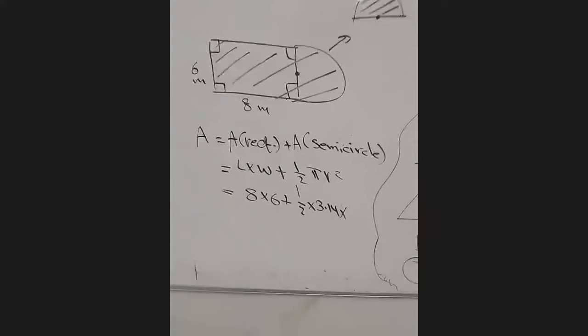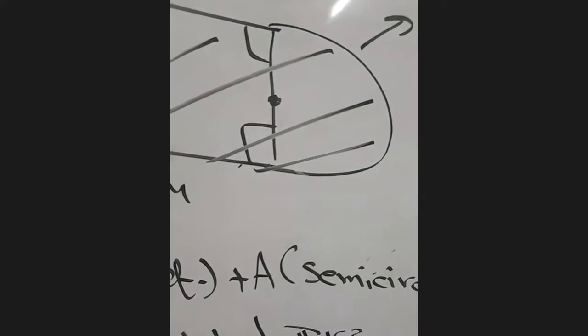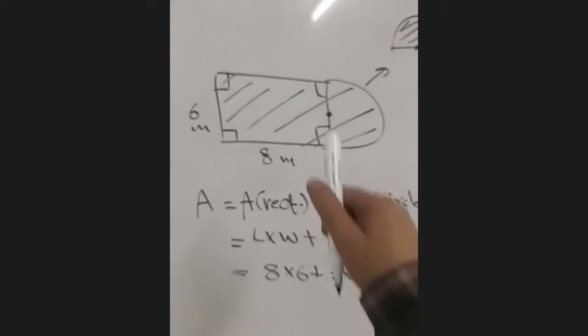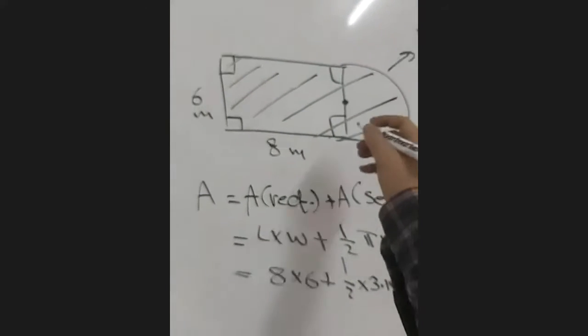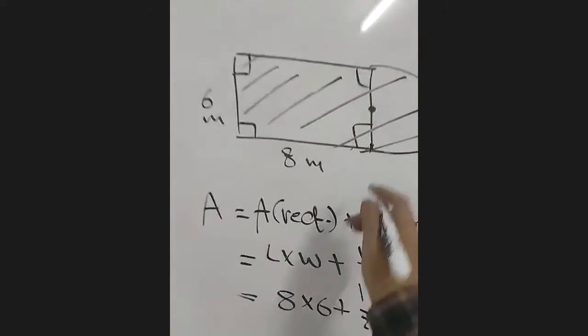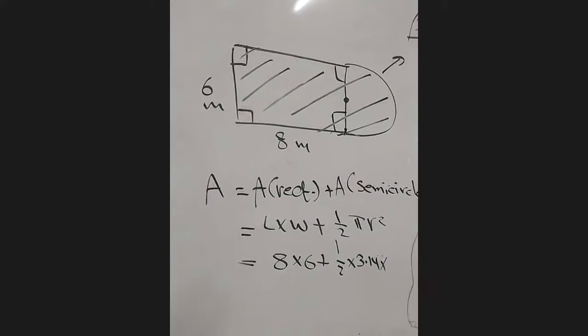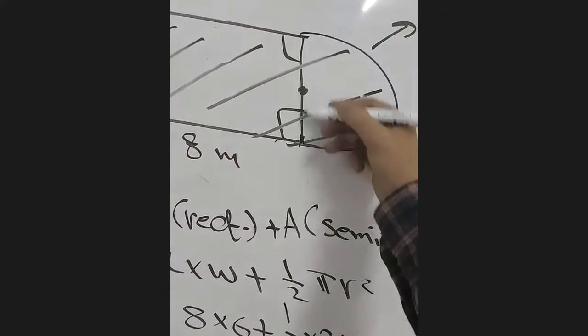Now we want the radius. What's the radius? Is it given here? Is the radius given? It's 1.5? Wait, focus a little. What do we call this side here for the circle?